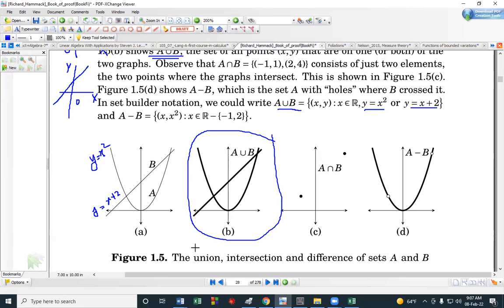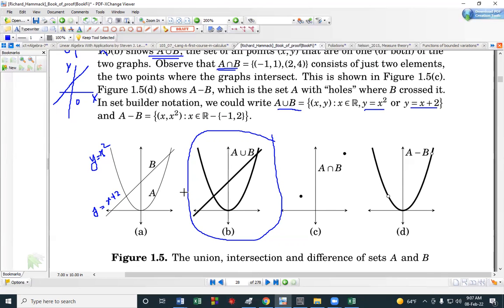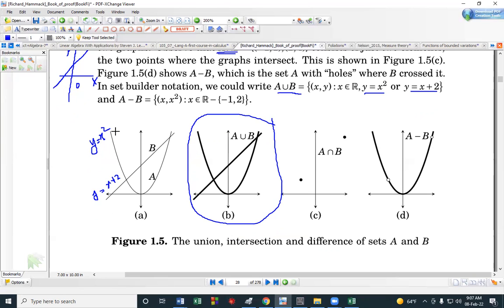Yes, sir. How about the intersection of these two sets? Common points, right? Intersection means the common points. So if you look at the picture, the only points that lie on the parabola and on the straight line are this point and this point.